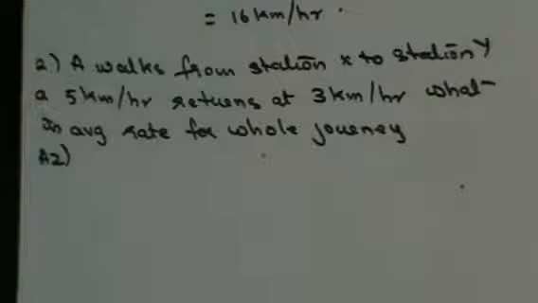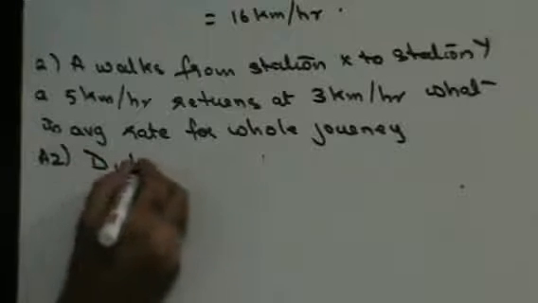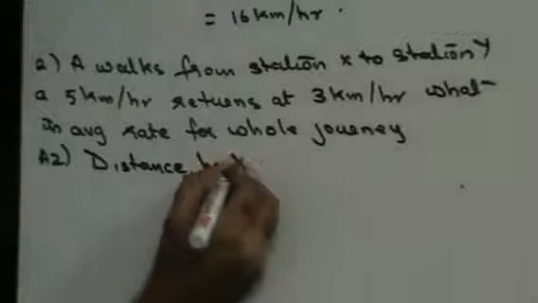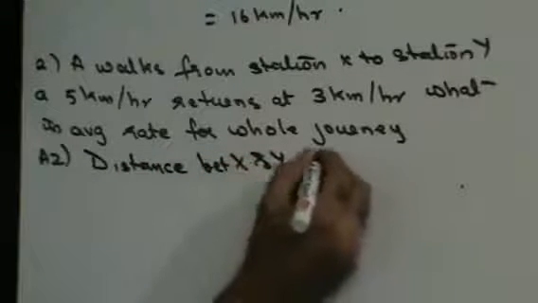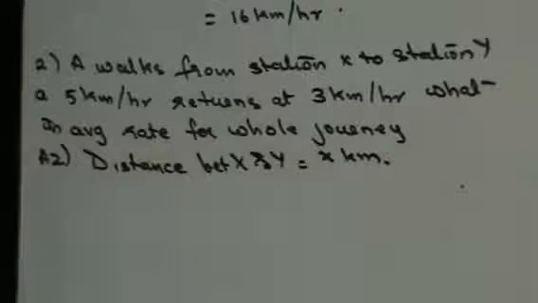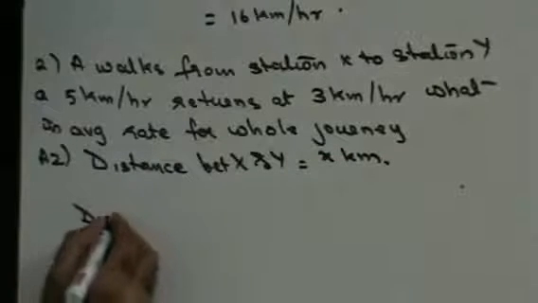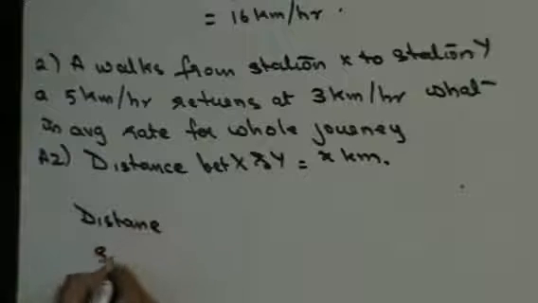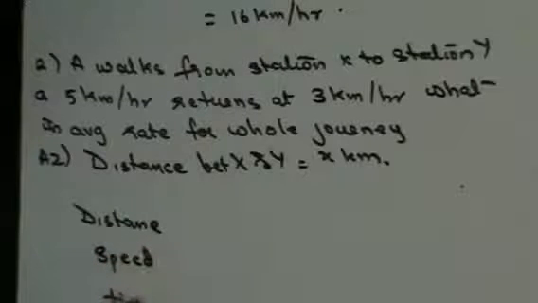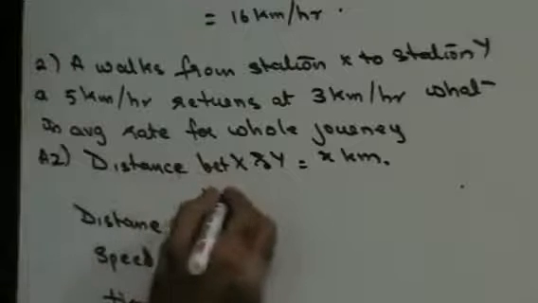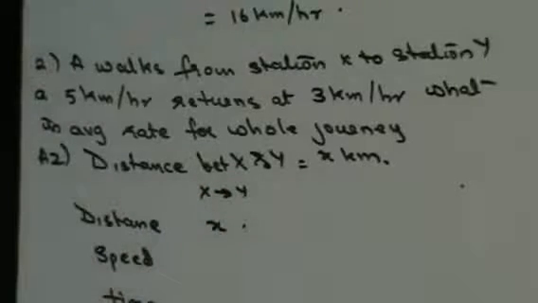Fine, let's see how we do this. Let's assume that the distance between X and Y is x kilometers, right? Now, distance, speed and time, from X to Y. When he is going from X to Y, he covers this distance.